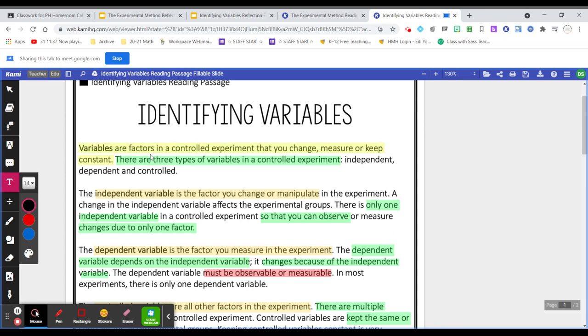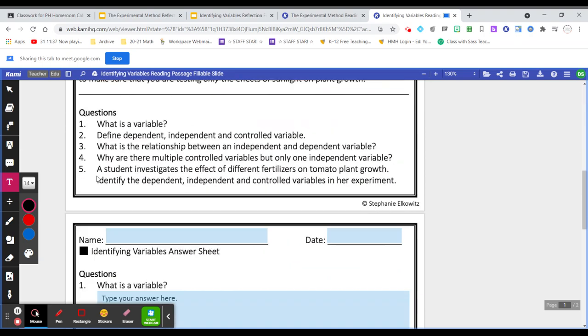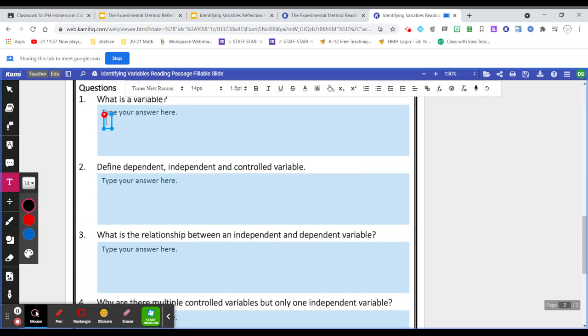Yes. So variables are factors in a controlled experiment that you change, measure, or keep constant. So we can simplify that to say that variables are factors in an experiment. You don't have to go beyond that.